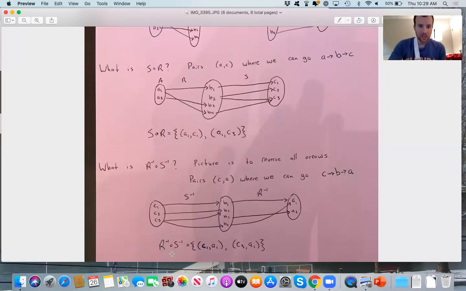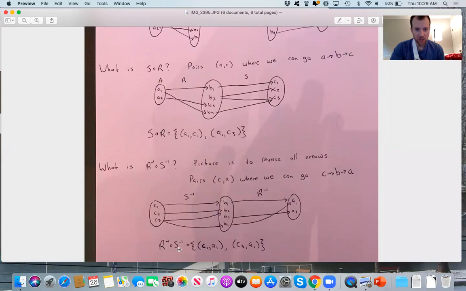So we have this composition with these inverses. We still have to do some work to figure out exactly what relation it is, but we can still compute what this composition is. And looking at these two examples, you see something kind of funny. The original composition had two pairs.